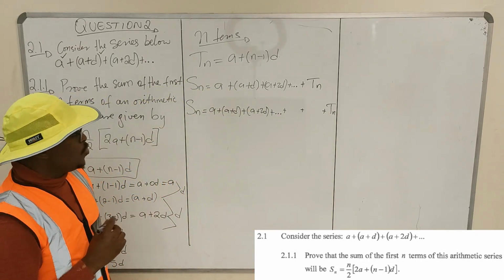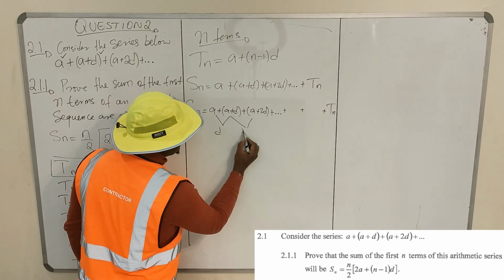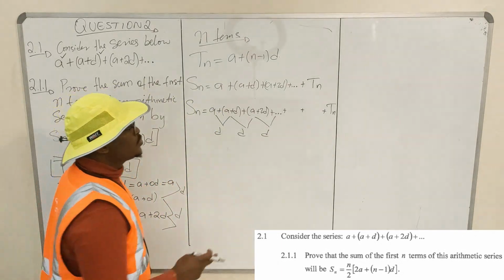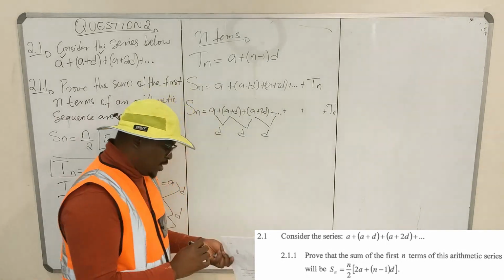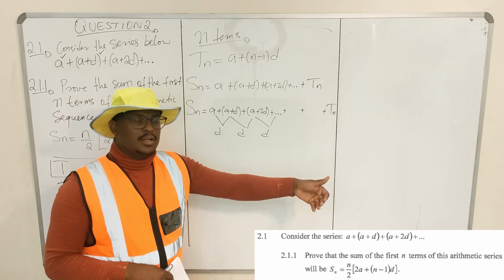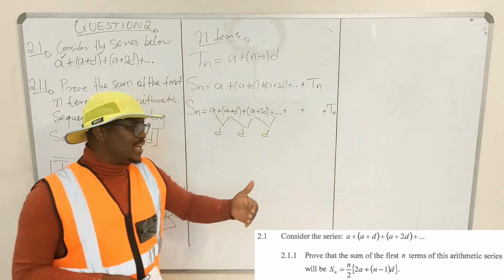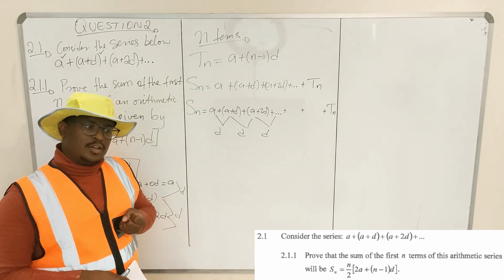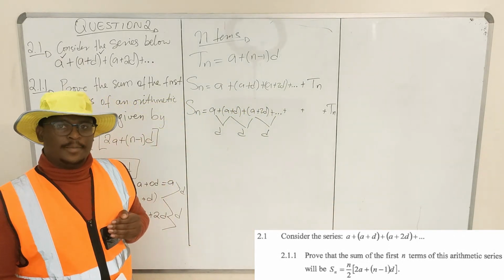We said the difference between the two terms is D. So if you're adding D to get the next term, and you want to get the term behind it, you subtract D. Because to go forward, you're adding D, but to move backwards, you're subtracting D.